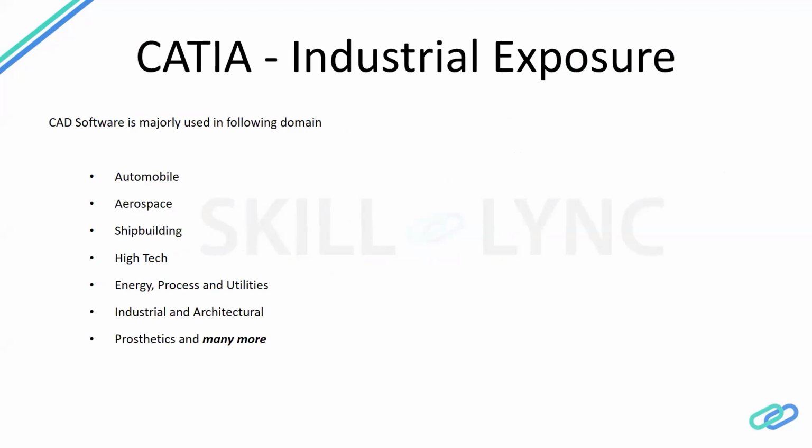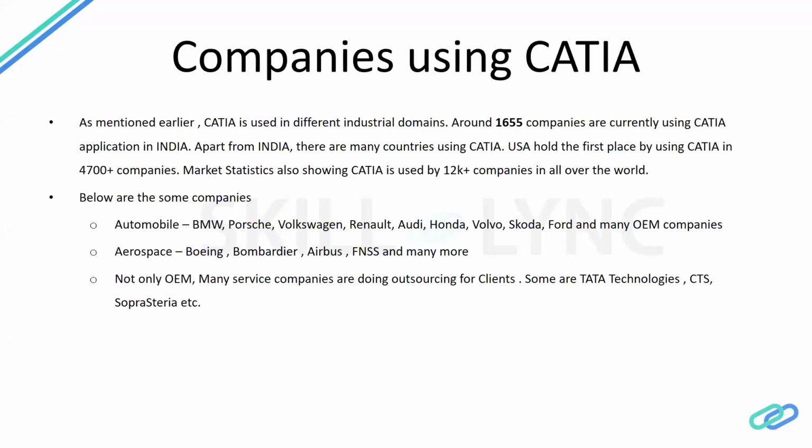Here you can see the domains in which CATIA is used. It's not only CATIA. Most of the CAD software is used by the following domains: automobile, aerospace, shipbuilding, high tech, energy. Specific to CATIA, the number of companies using CATIA in India is around 1,655.